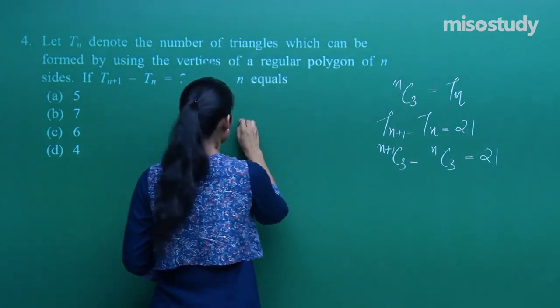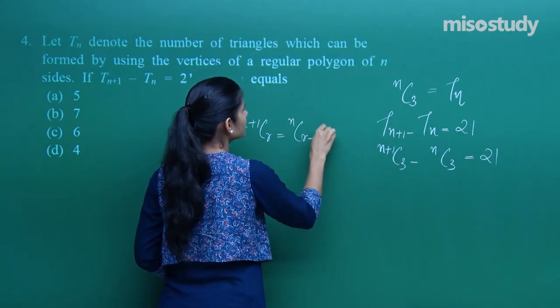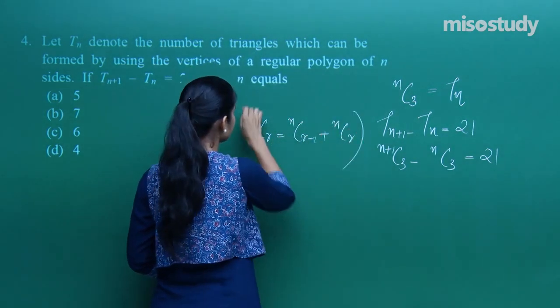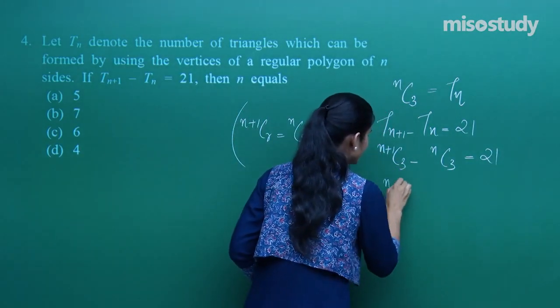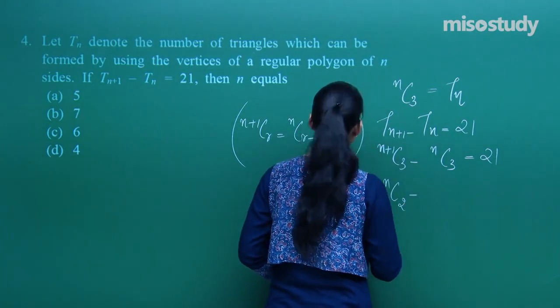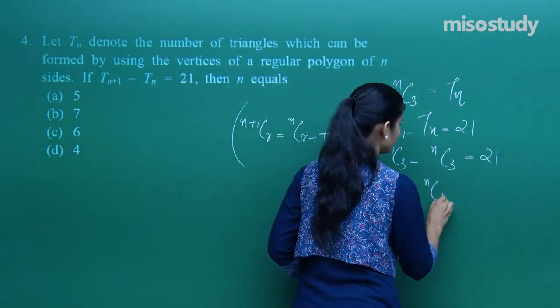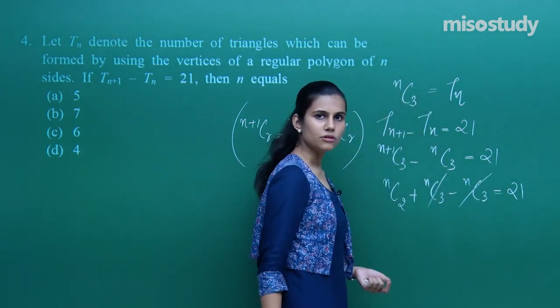You should know that n plus 1 CR equals NCR minus 1 plus NCR. So n plus 1 C3 is NC(3 minus 1), which is NC2, plus NC3, and here minus NC3. This gets cancelled out.